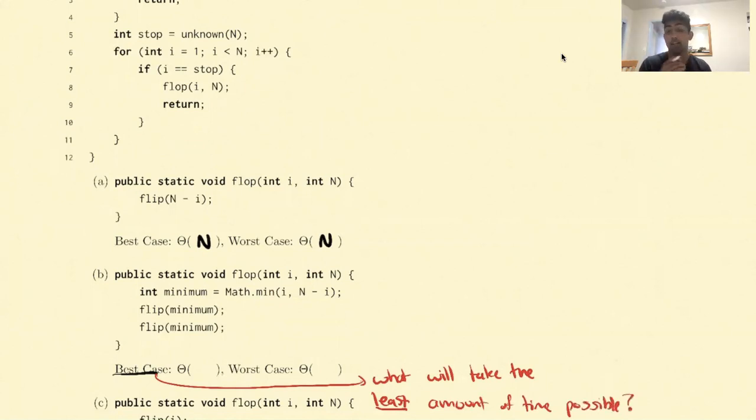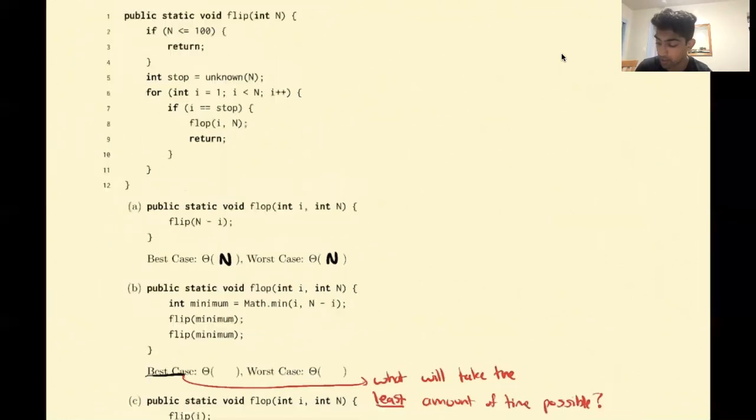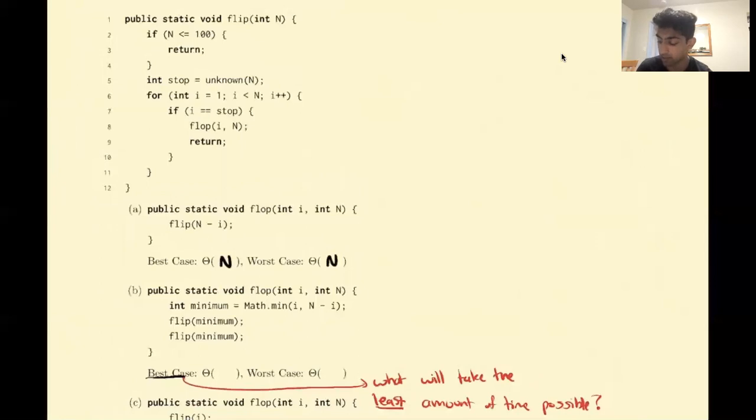Okay, so when we consider best case, we're trying to exit our function as quickly as possible, right? So in order to exit as quickly as possible, let's explore the possibility where stop is equal to 1.